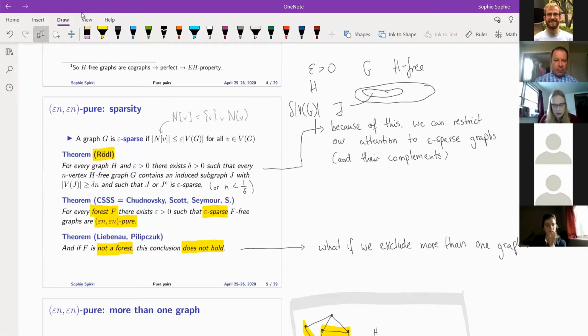And that helps. So the way it helps is, well, first of all, we can now embed things more easily and we can use sparsity to say, when we pick a vertex, its neighbors are kind of irrelevant in the graph. They're just a small set. But also it breaks some of the counterexamples that show that we need to exclude a forest and its complement.